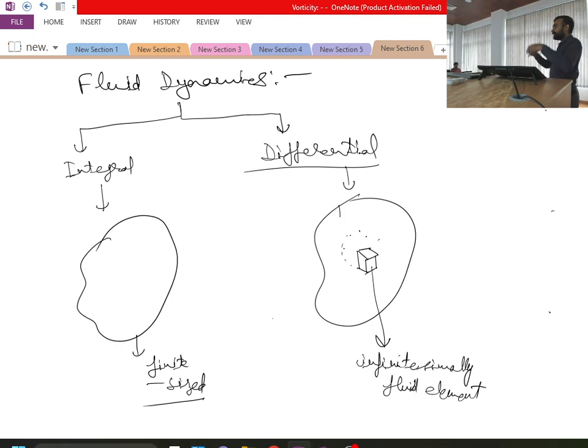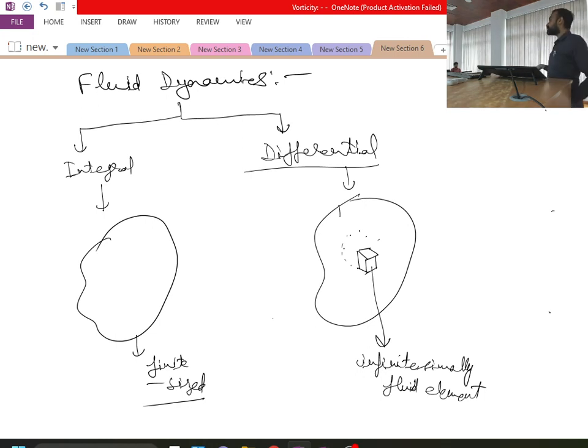So you will find that in some portion of the pipe the values of properties are different, and in other portions the values are different. Whenever we try to accommodate such issues into our mathematical analysis, our approach becomes more involved and more complex. That is something which we call the differential approach.